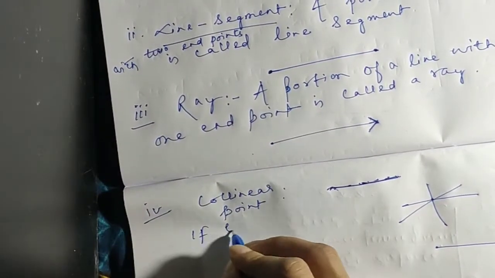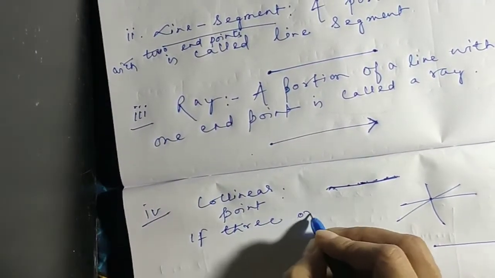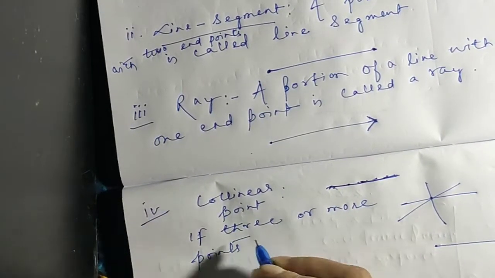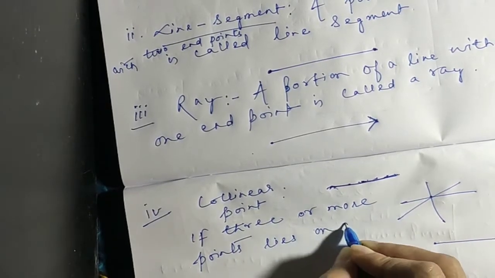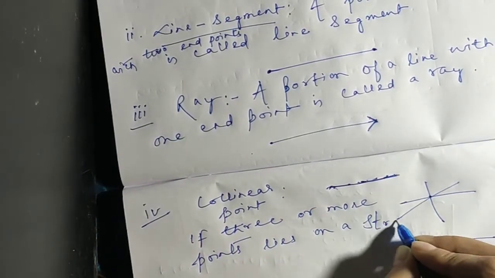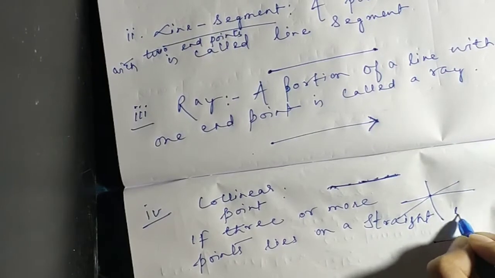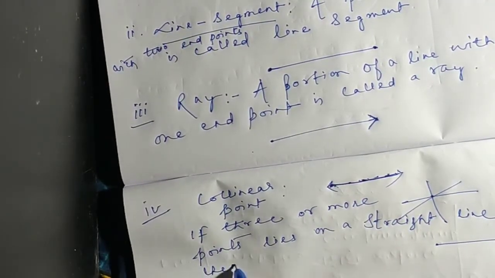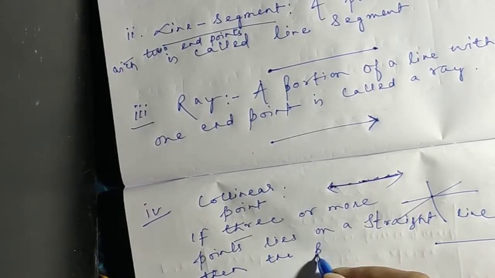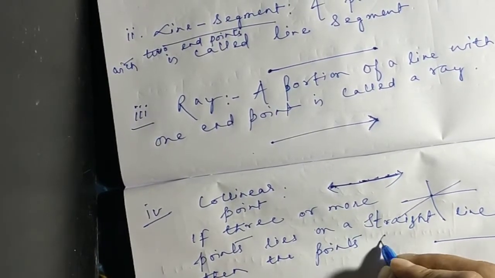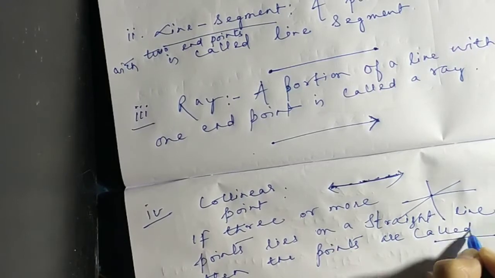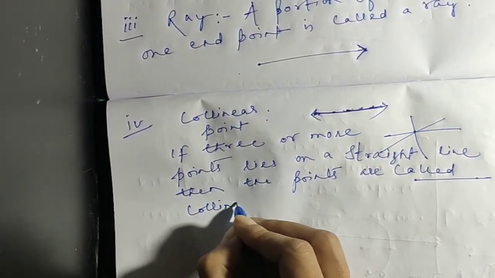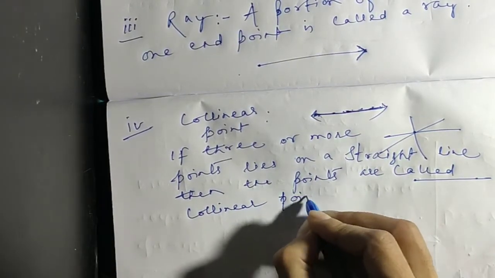If 3 or more points lie on a straight line, then the points are called collinear points.